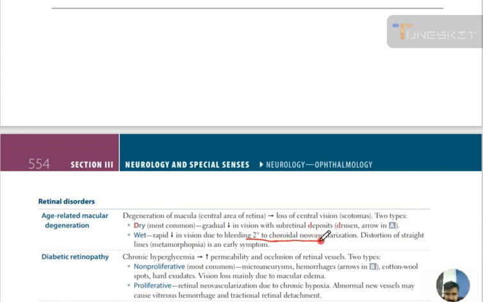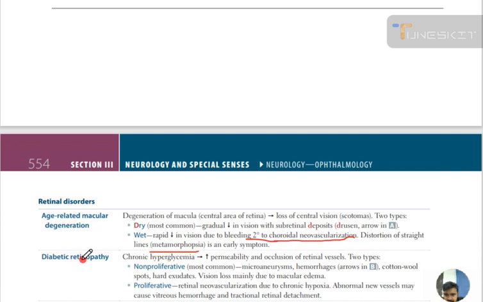As there is bleeding, secondary to neovascularization, you can see it is wet, so this is wet degeneration. And it results in distortion of straight lines, metamorphopsia, an early symptom. So the early symptom is distortion of straight lines, which is called metamorphopsia.